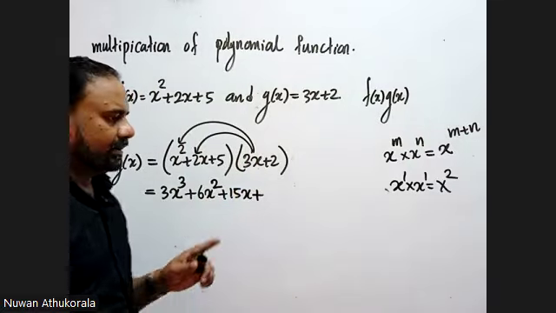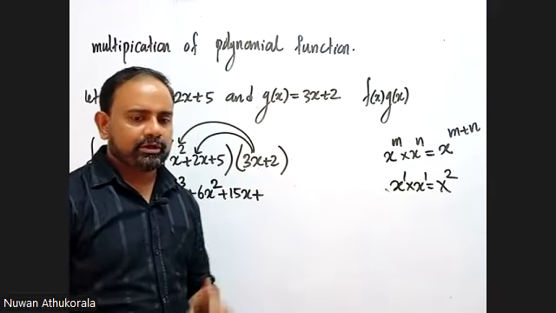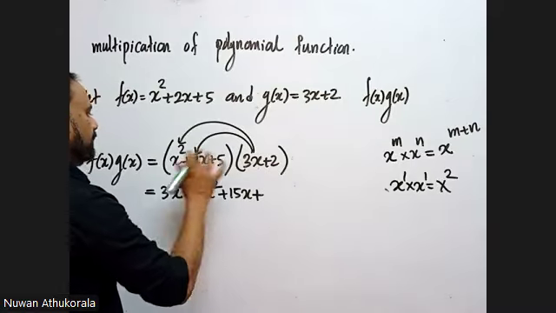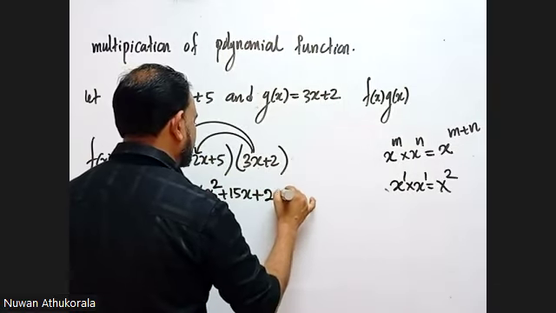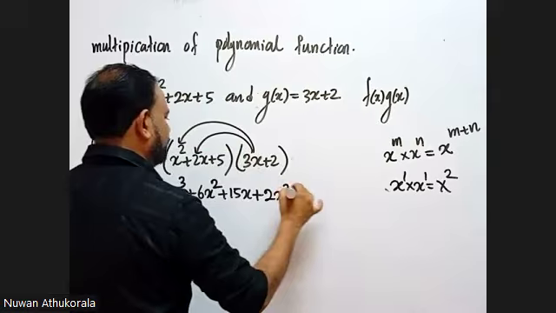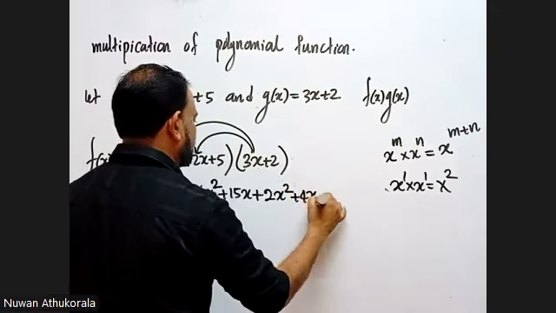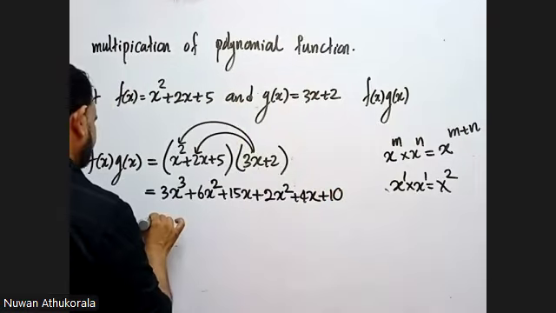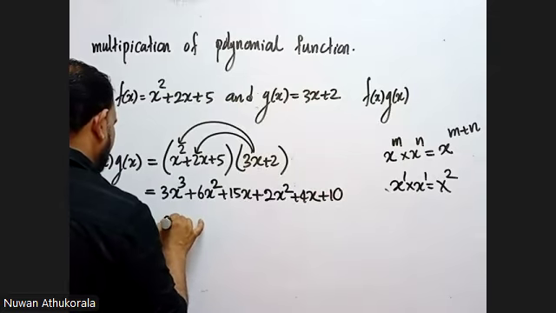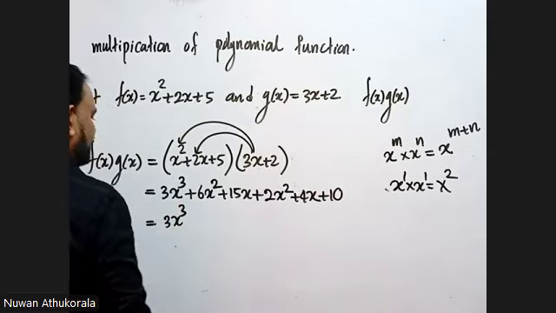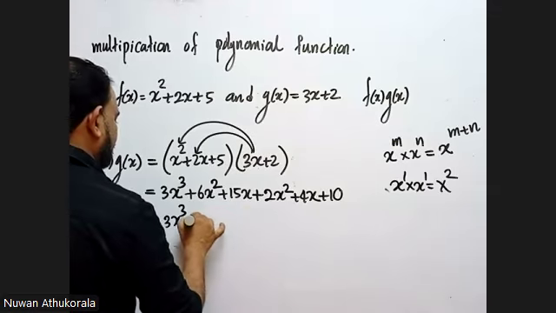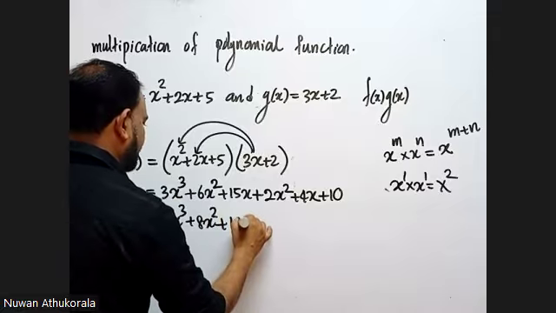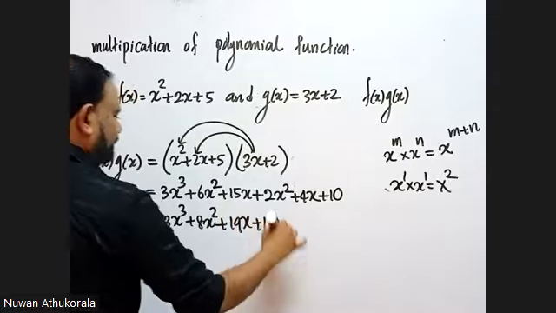Similarly, all terms of the first bracket should be multiplied by positive 2. 2x squared, 2 into 2 is 4, 4x, 5 into 2 become 10. So 3x cubed plus 8x squared plus 19x plus 10, right.